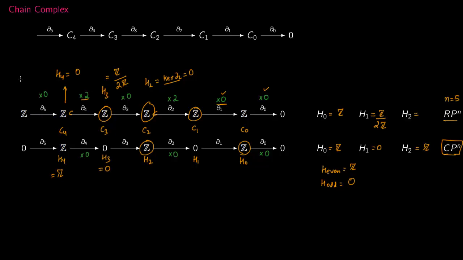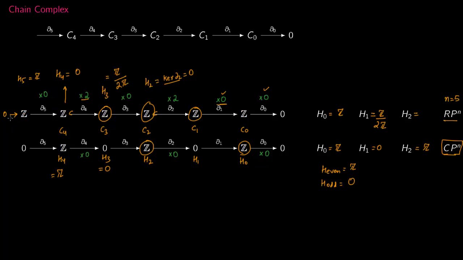So again, now h5. It depends what is coming here. If the complex ends here, then 0 is coming in here. So if 0 is coming in here, then you have just integers, because you're multiplying by 0.